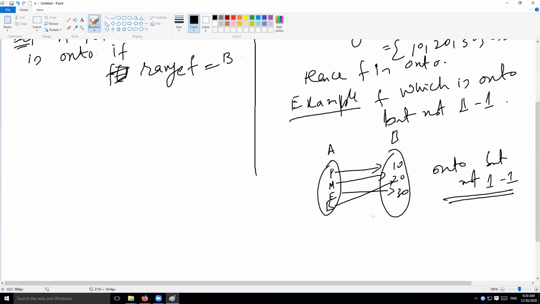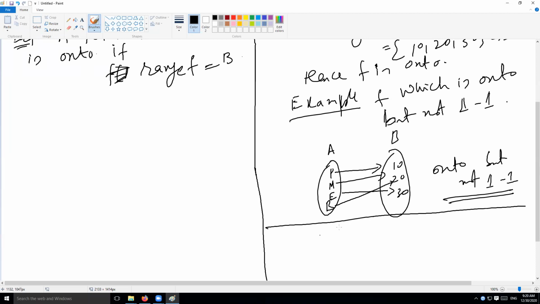Let's talk about that later, when we talk about cardinality. That's the simple way to say it. So that's a simple example.